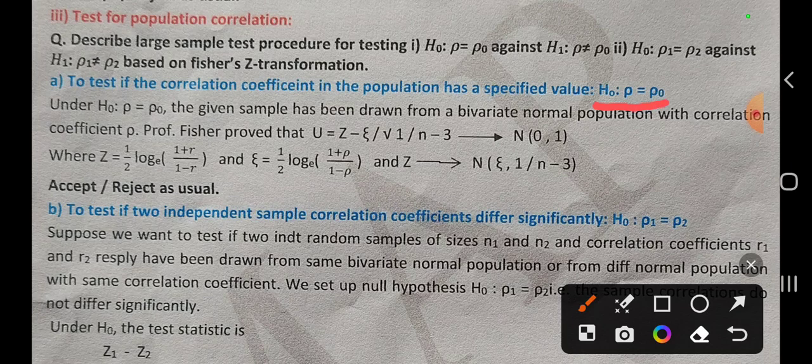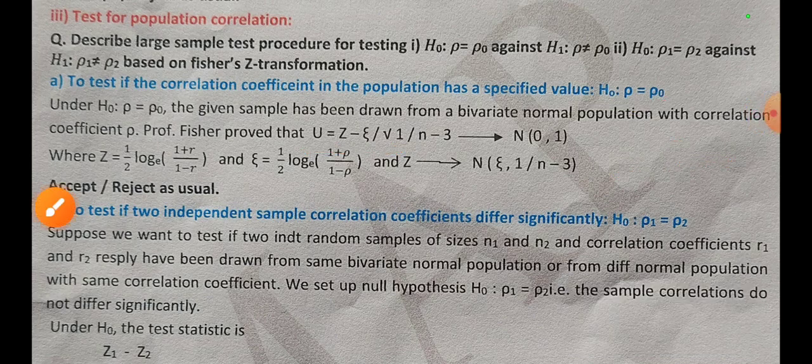The second step is related to finding the test statistic. The third step is related to the critical region and the fourth step is related to the conclusion part. So every test procedure has these 4 steps.